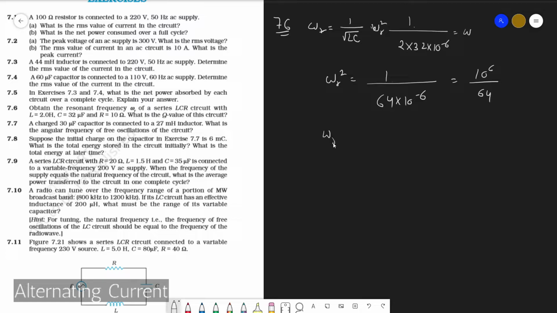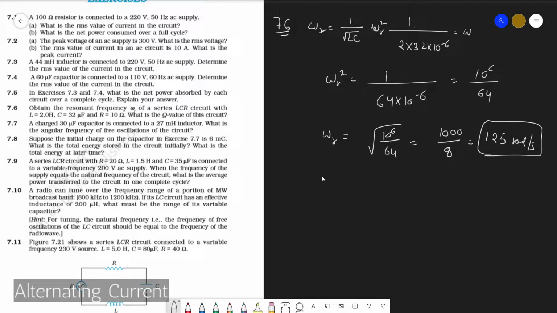So omega r is equal to root over 10 to the power 6 by 64. The root of 10 to the power 6 is 10 to the power 3, that is 1000. If you divide this by 8, you will get 125 radian per second. So this you get as omega r.